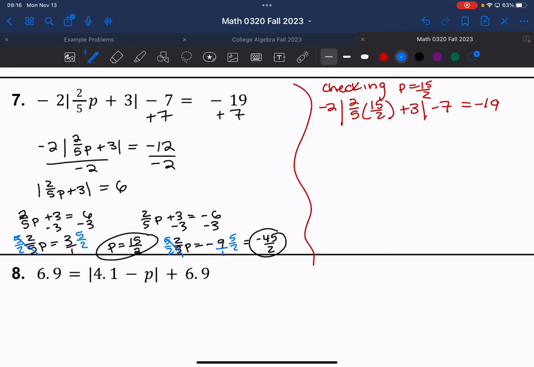When I multiply 2/5 by 15 halves, these 2's cancel out, and I'm left with 15 over 5, which is, what's 15 divided by 5? 3. So I have negative 2 absolute value of 3 plus 3 minus 7 equals negative 19.